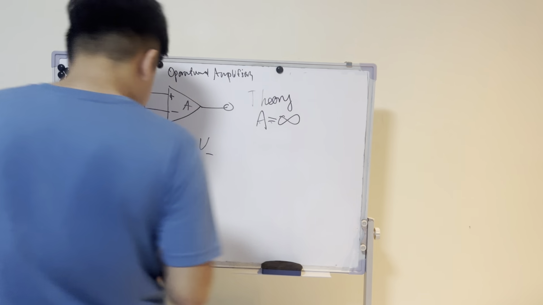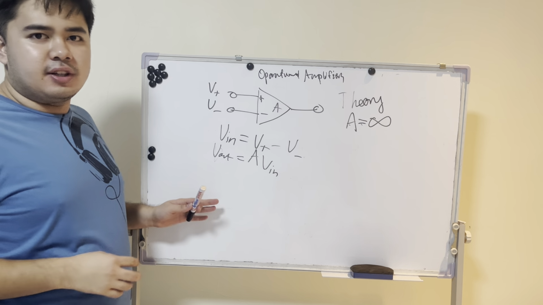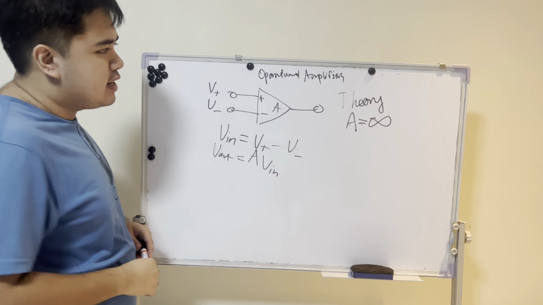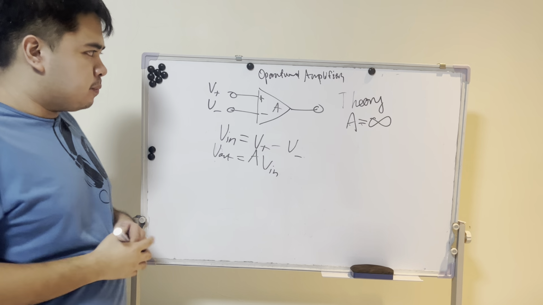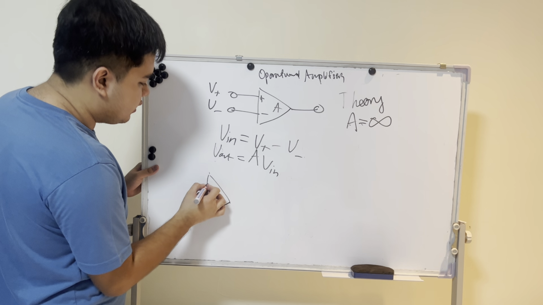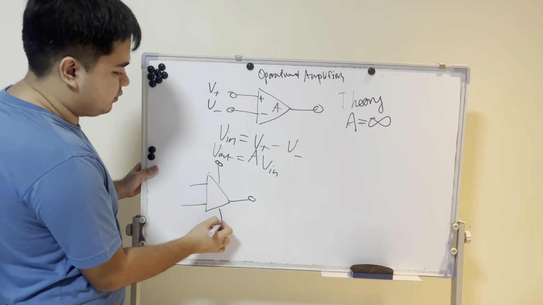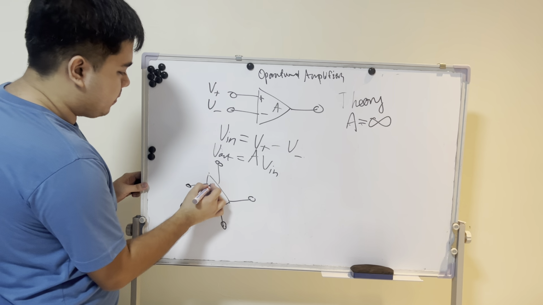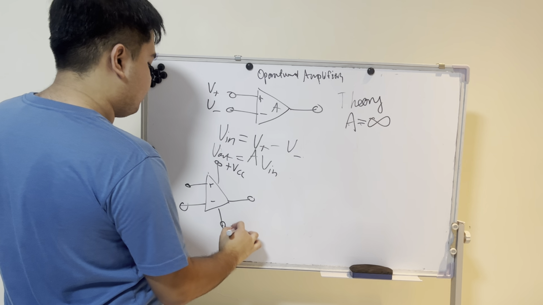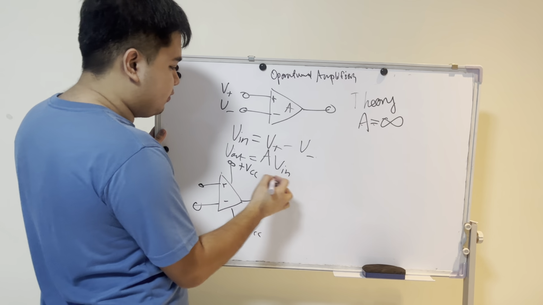Right? But you may ask, if the voltage is infinite, isn't it not realistic? Or at least, why are we studying infinite gain in theory? In practice, we actually have something called supply rails. Right, so it's now 5 terminals instead of 3. So this is positive VCC and negative VCC, and these are the limits as to where the operational amplifier's voltage can lie.